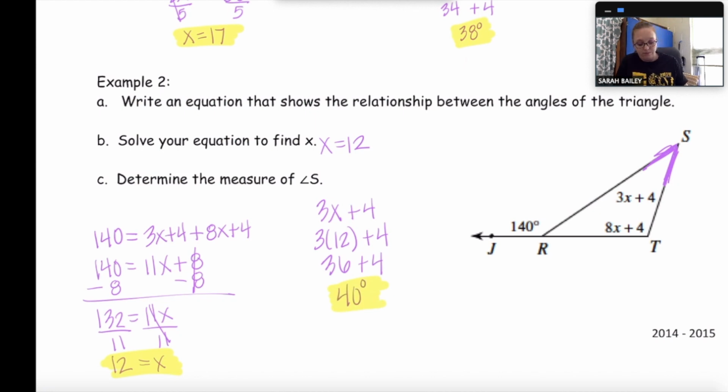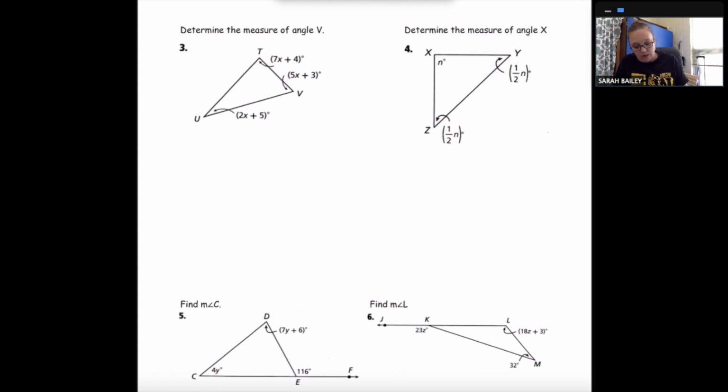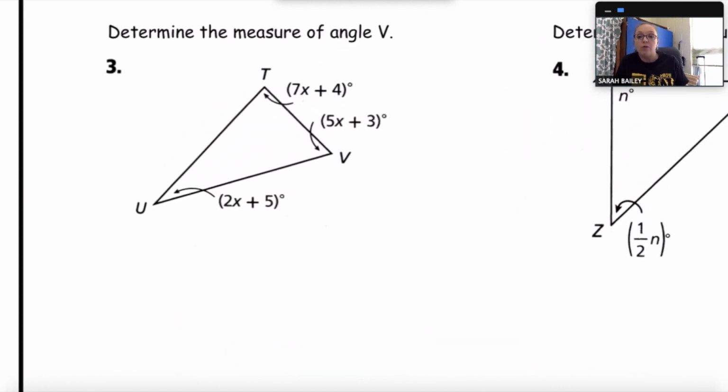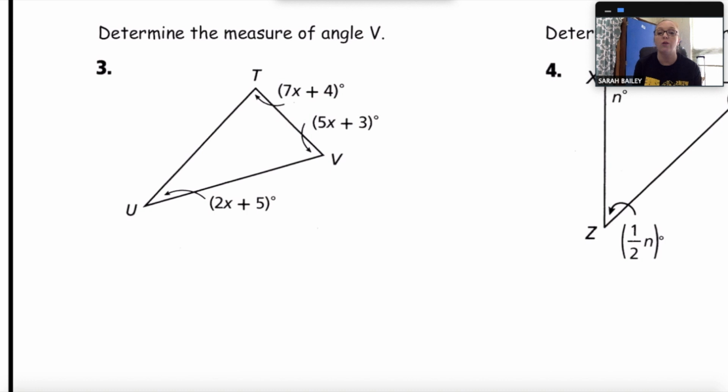Let's try another problem. Okay. Looking at number 3, it says to determine the measure of angle V. Notice that you have been given expressions for all 3 angles in this triangle, so we can set up an equation.